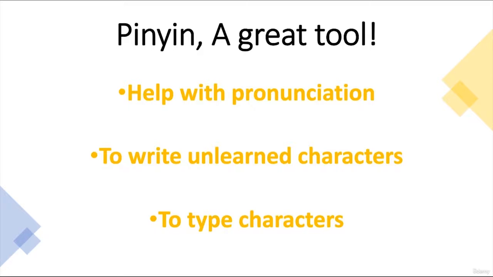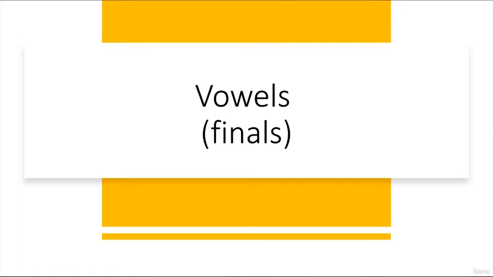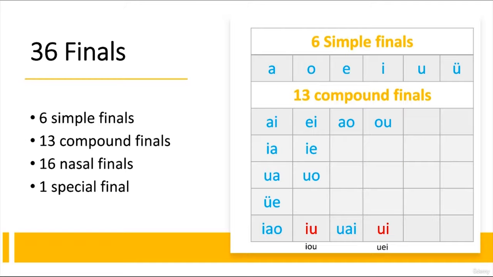So let's take a look at the finals in pinyin. There are 4 groups and 36 finals in total. The first group is simple finals. There are 6 of them. They are A, O, E, I, U, Yu. And the second group, the compound finals.